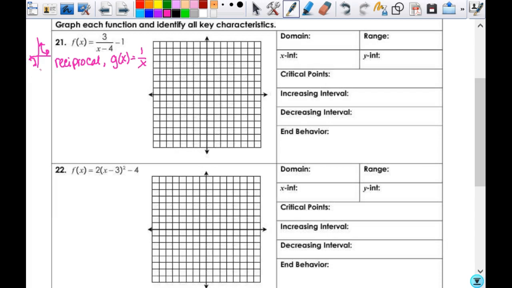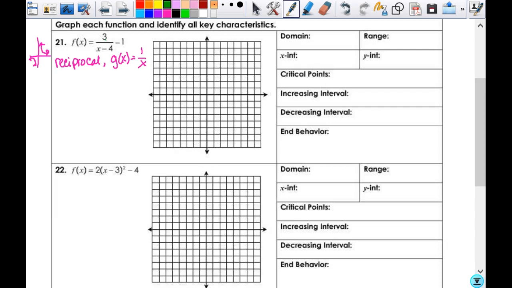Okay, so my transformations then are this 3 in the numerator. Remember, whatever you decide, it could be a vertical or horizontal compression or stretch. I think it would be easiest for y'all, if there is a number in the numerator, use that as your vertical stretch.